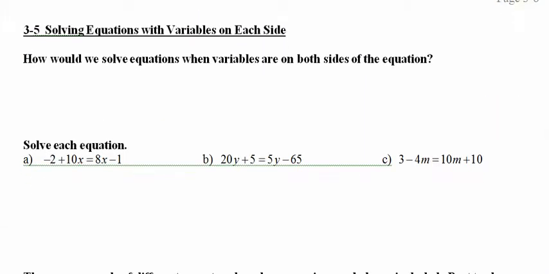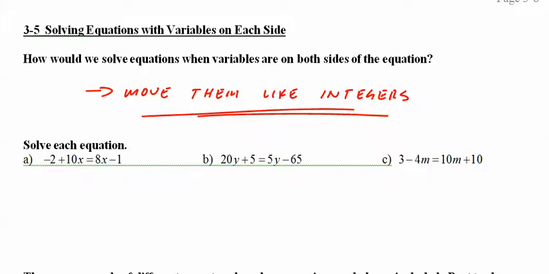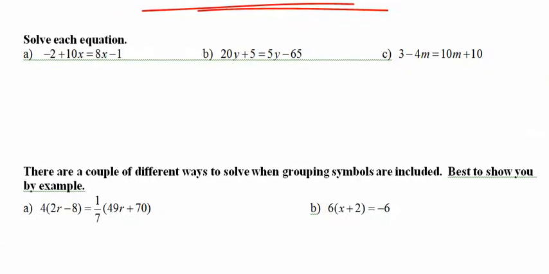So solve equations with variables on each side. Just move them like integers. There's nothing magical about them. Just remember what you're dealing with and don't try and add a variable with an integer. So here it is. You can move either way. We typically move left with the integers.